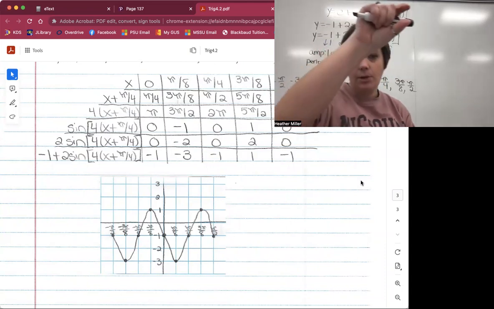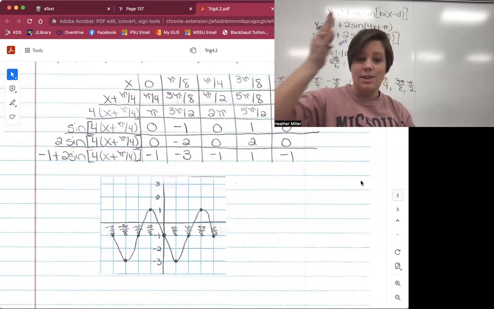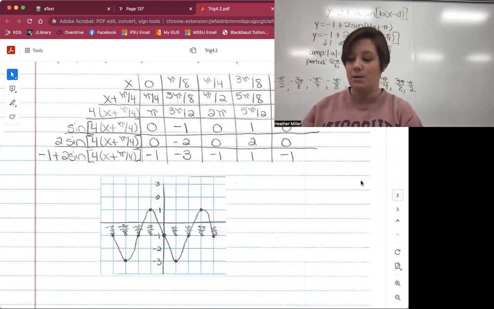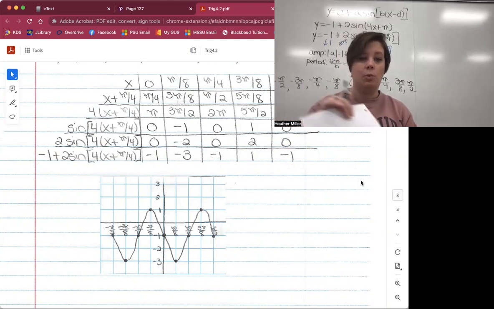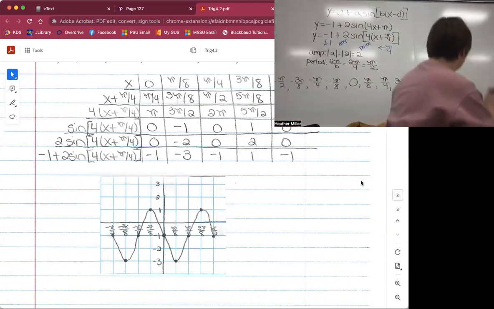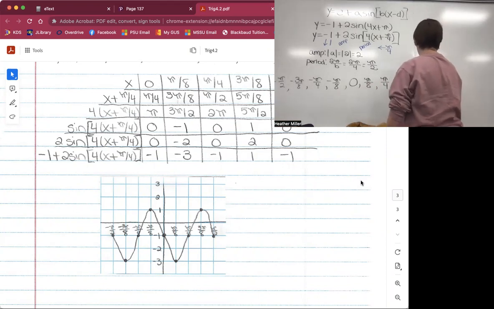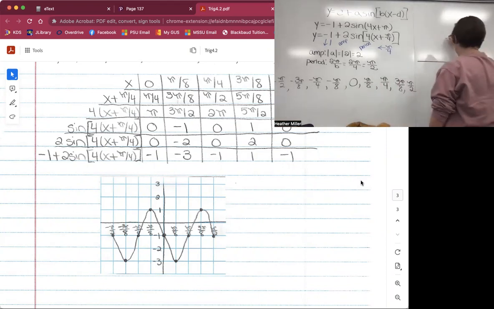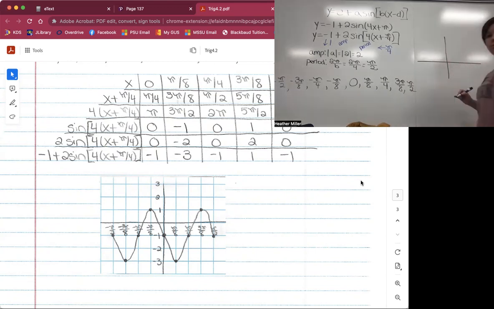So remember that top row, that X row is your X's. That's your subdivided period. And then you have your Y's as well. Now that's just one period. So you want to do the negative side of your graph as well. So don't forget and just do one period, because it did ask for 2. So I'm going to have pi over 8, pi over 4, 3 pi over 8, and pi over 2.